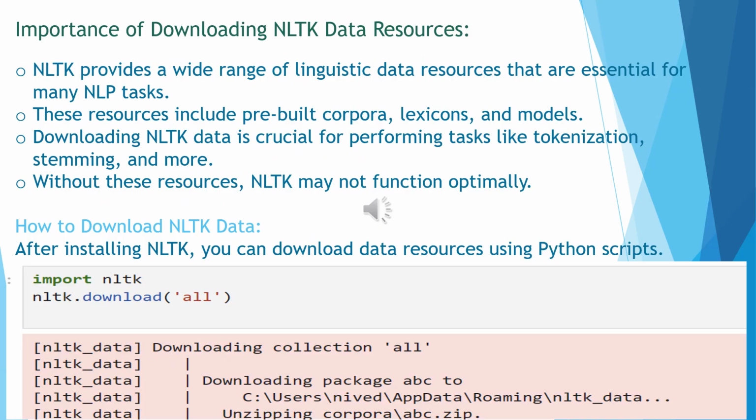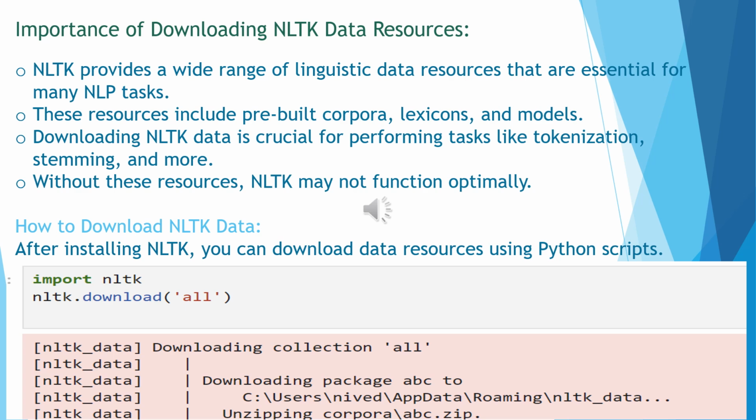Coming to this slide, it gives us the importance of downloading the NLTK data resources. Downloading NLTK's data resources is essential as these resources are the foundation of many NLP tasks. For example, the Brown corpus is a balanced dataset of English text that covers various genres, from news to fiction, making it ideal for training word frequency models or exploring genre-based language patterns.